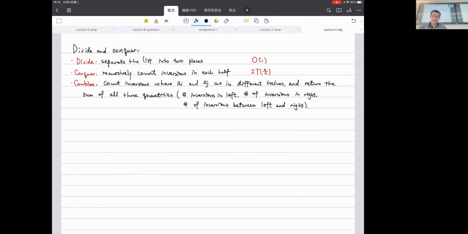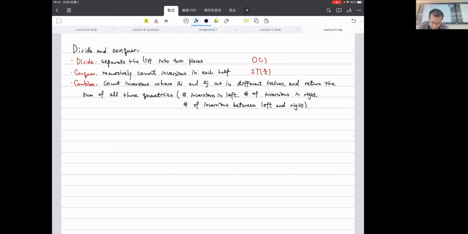As I mentioned for the example of merge sort, the intricate part, and a little bit sophisticated, is that we need to be careful with the combine part. Here we already have counted the inversions in the left part and the right part.